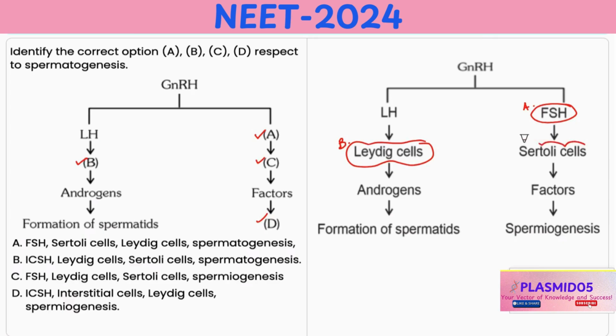Letter C denotes Sertoli cells, which are found inside the seminiferous tubules. And letter D indicates spermiogenesis, which is the process for the transformation of spermatids into spermatozoa. Hence, the correct answer is option C.